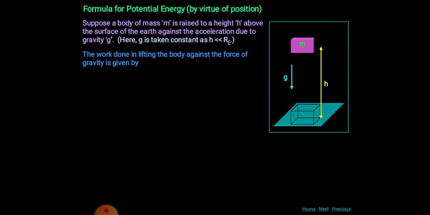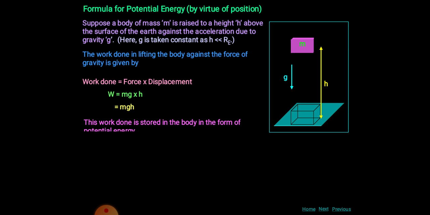As you know, the formula of work is force into displacement. So what is the force here? Force is m into g, and displacement is the distance the body moves from one place to another, and we denote that distance by h. So W is equal to m into g into h, and this is the formula of potential energy.